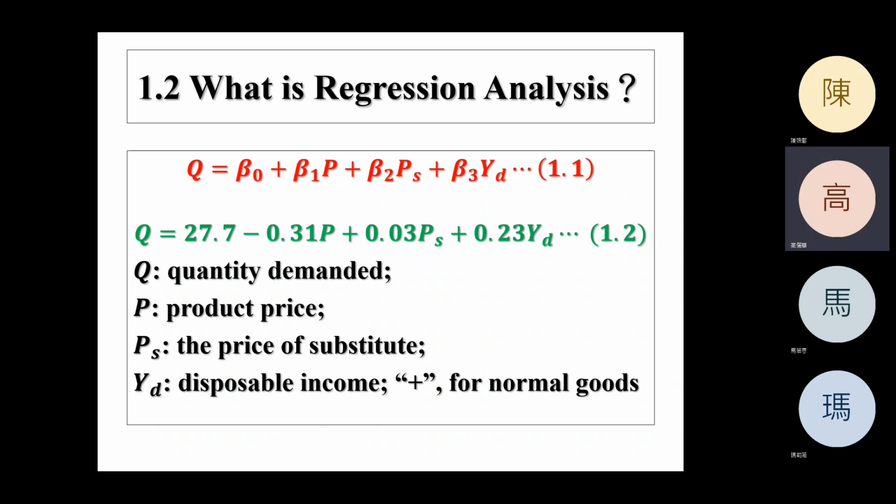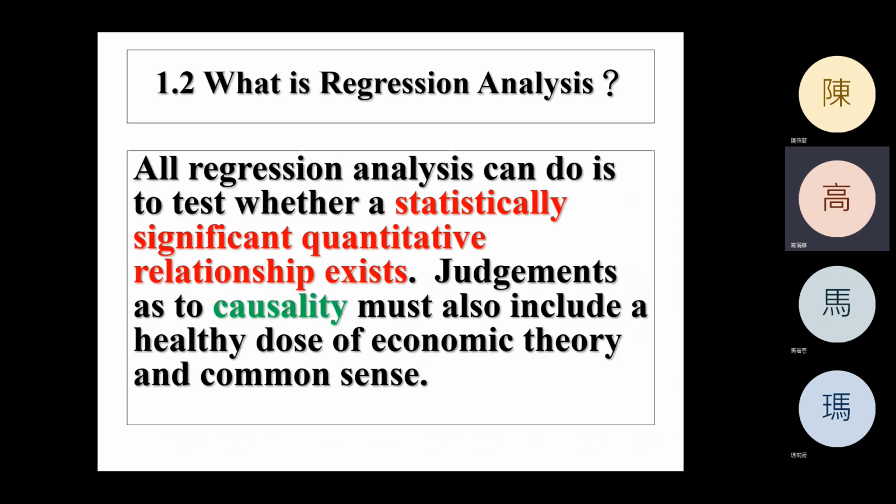Because if you really want to claim cause and effect, there are many underlying theoretical reasons you have to dig out. So regression analysis is actually working with statistical significance instead of causality.